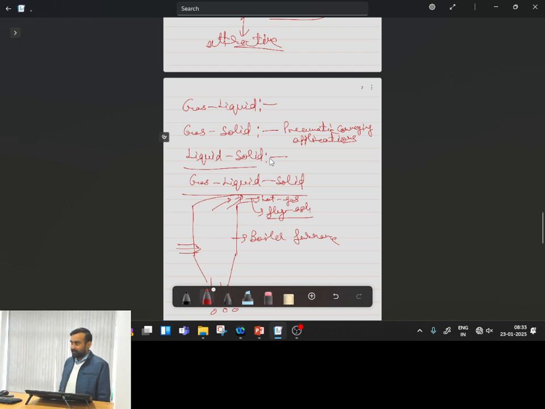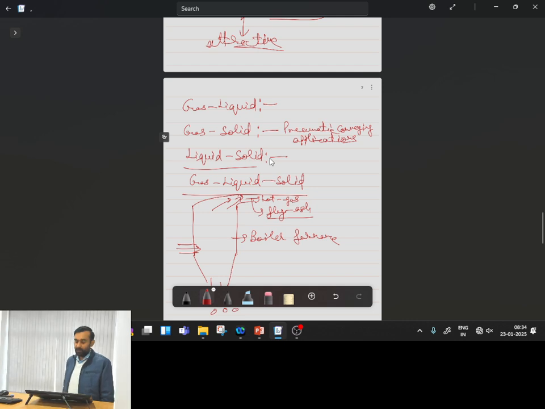Typically, because bottom mass is immediately collected at the bottom of the furnace, its temperature is very high. So what is done? This bottom mass is mixed with water and formed into a slurry, and that slurry is then transported through pipelines from one location to some sites where it can be dumped.